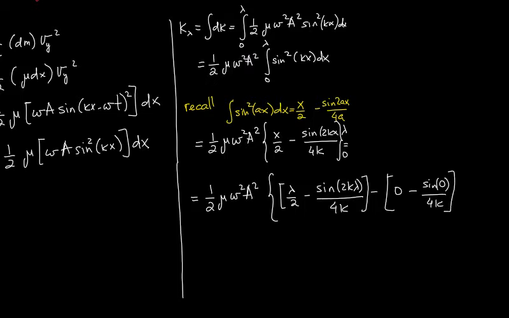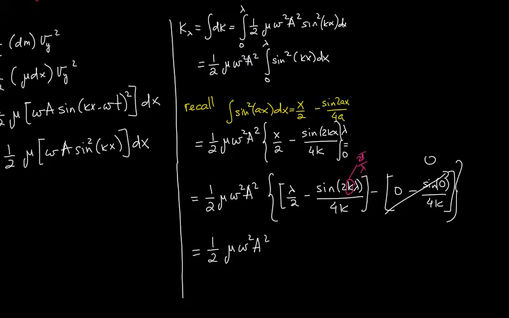So this would equal 1/2 mu omega squared A squared. The sine 0 term is 0, so we don't care about that. But here's one thing we want to take care of: let's look at k. We know that k equals 2 pi over lambda.